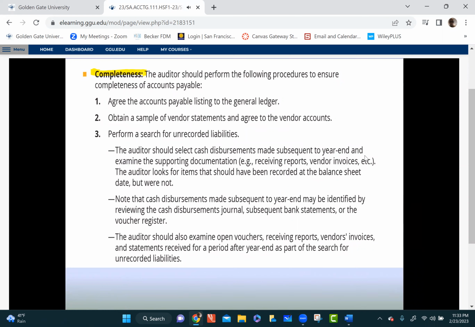Is it because you move backwards and you'll hit different parts of the process that will give you evidence for other assertions? Well, we're working on the completeness assertion. Let me just tell you: completeness is the assertion that we're worried about for liabilities. That's our primary assertion that we worry about for liabilities.